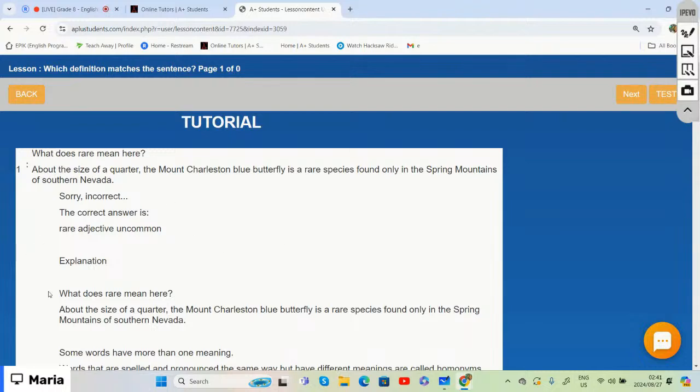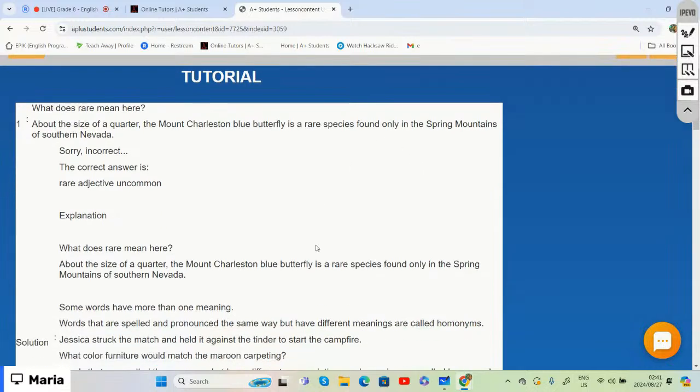If we look at this word, then we can say this rare means uncommon.